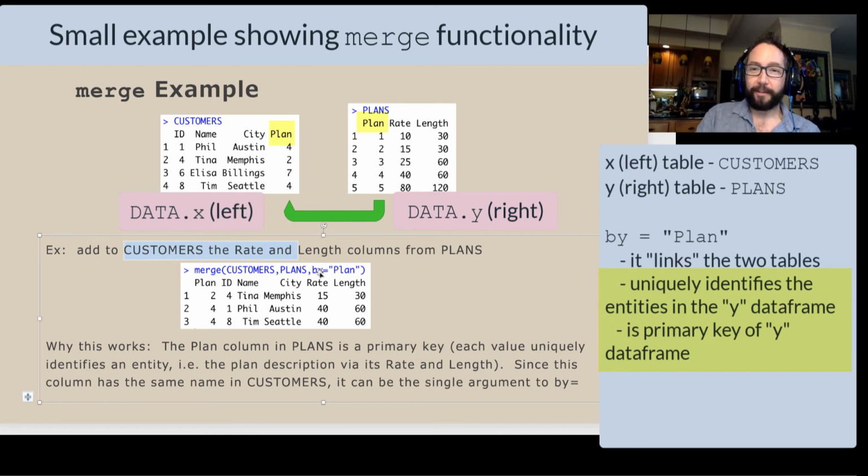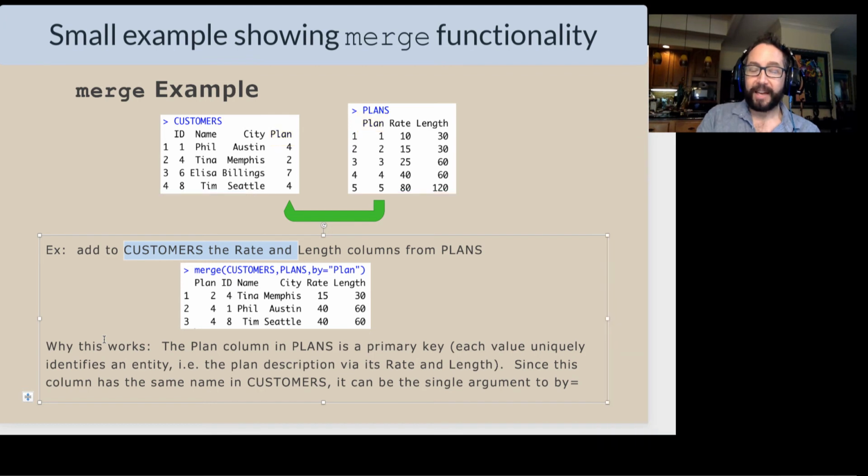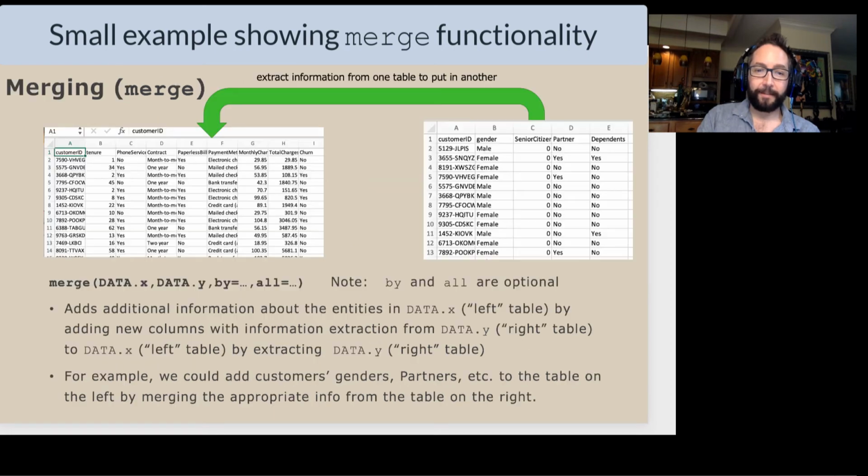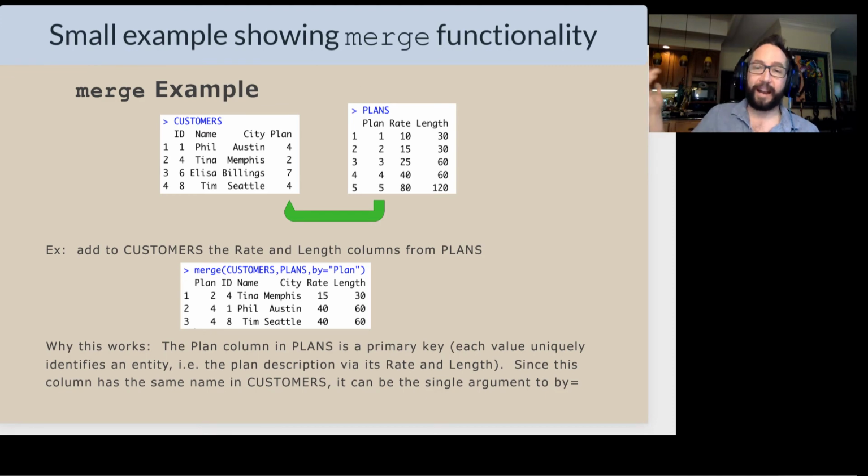What would happen if we actually run that? Here is another complication to how merge works, something we're going to have to specify depending on how we want that merge to proceed. And that is the all argument, that last argument in that merge command, the all equals. If we leave that out, what's going to happen?